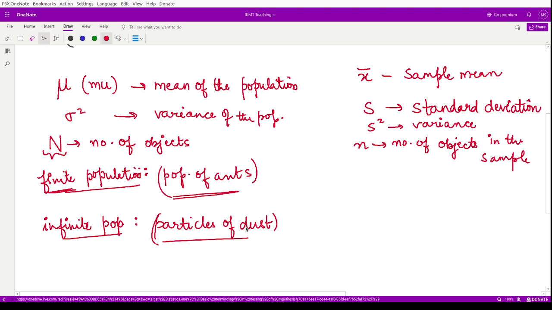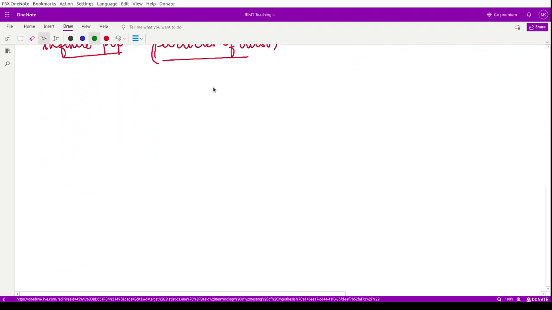Now next are more terms relating to this concept of testing of hypothesis. First of all, as we have been talking about testing of hypothesis, what is a hypothesis? That is the first question.